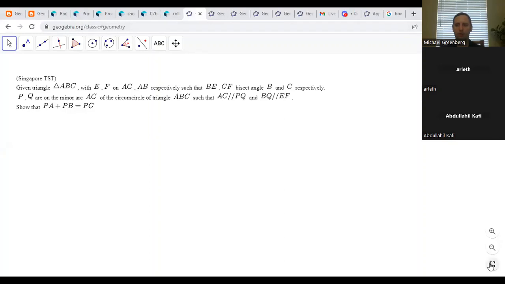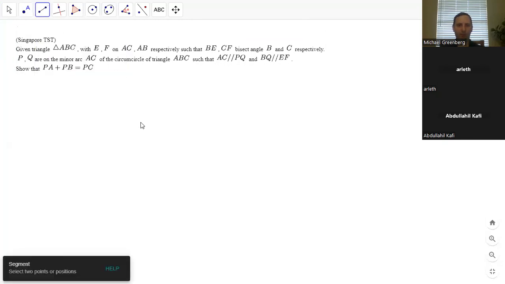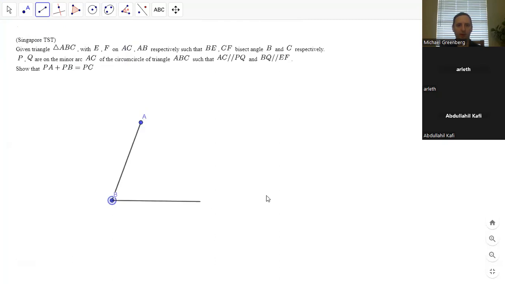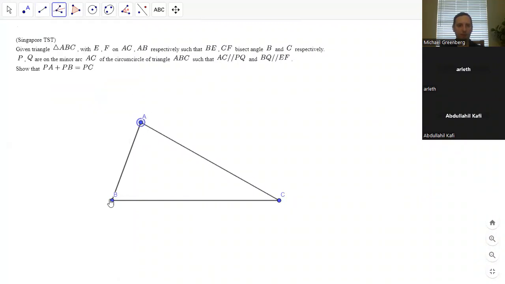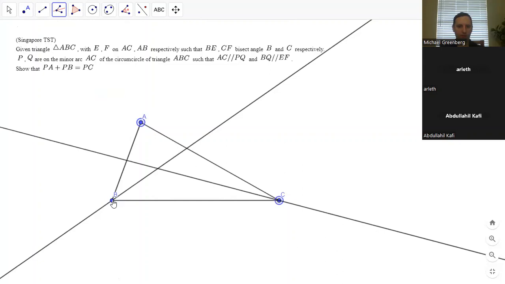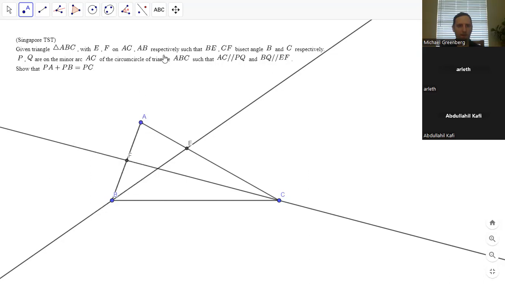So here's the first problem that I'd like to do. This is from a Singapore team selection test. I'm not sure what year. You have a triangle ABC, and E and F are the feet of the angle bisectors from B and C. So we have this and this, and then this is E. This is F. And then we draw the circumcircle of ABC.